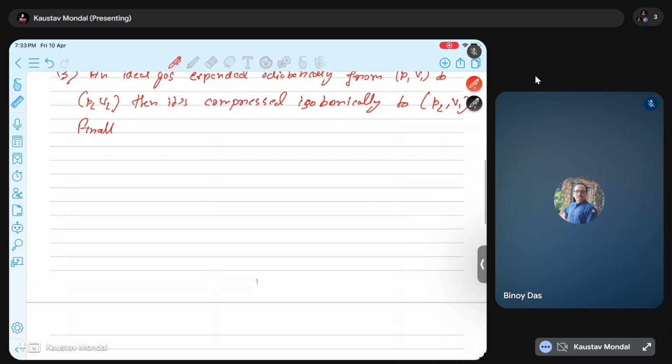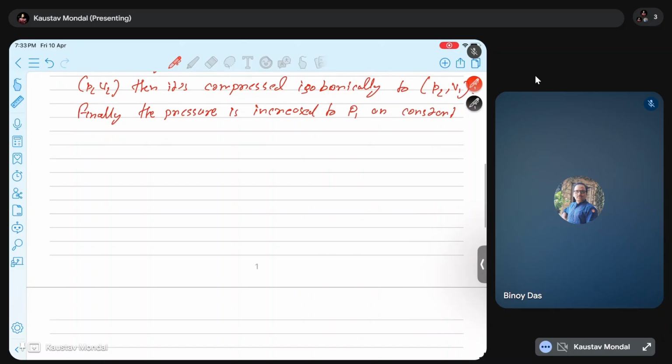Finally, the pressure is increased to P1 at constant volume V1.